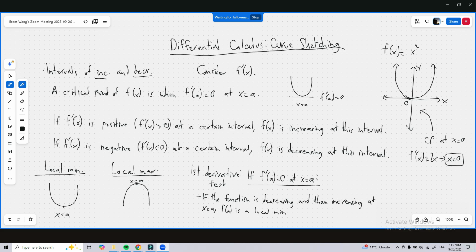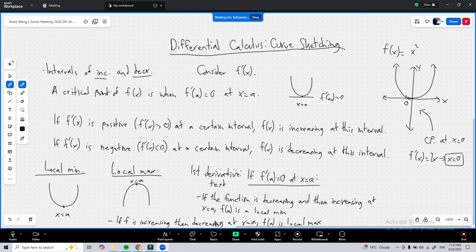I'm running out of space here, so I'm going to try to do my best to fit all this in. If the function f is first increasing, then decreasing at x equals a, then f of a is a local maximum, a local max.